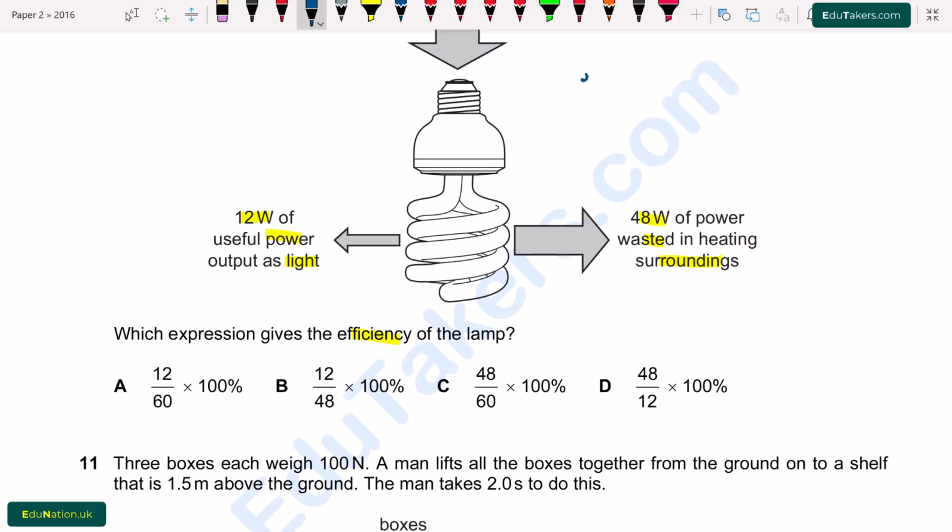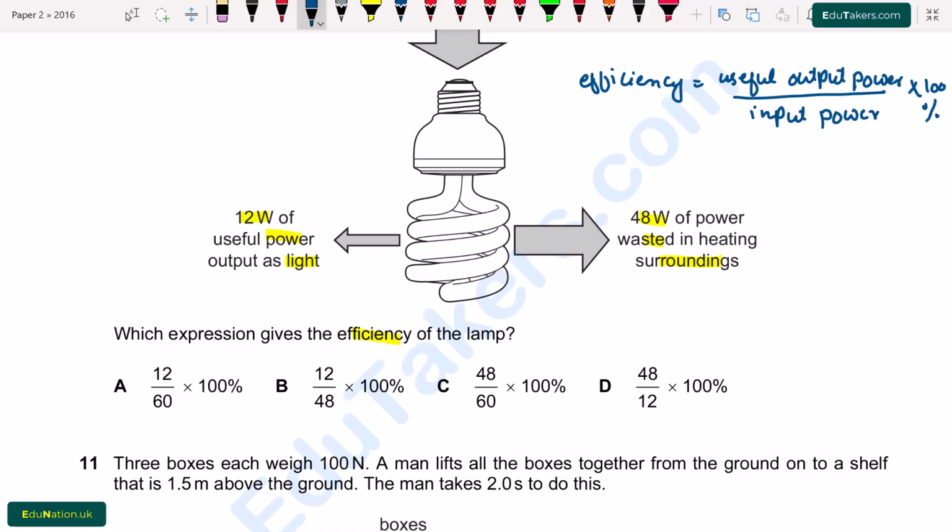I write here efficiency is equal to useful output power divided by input power multiplied by 100%.